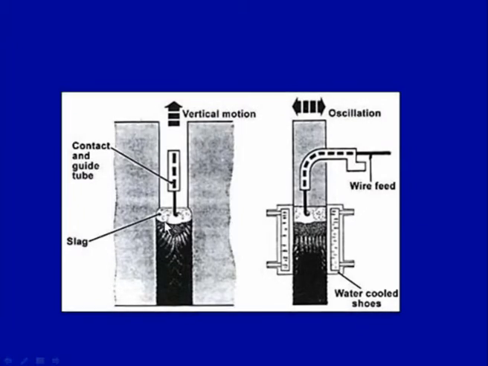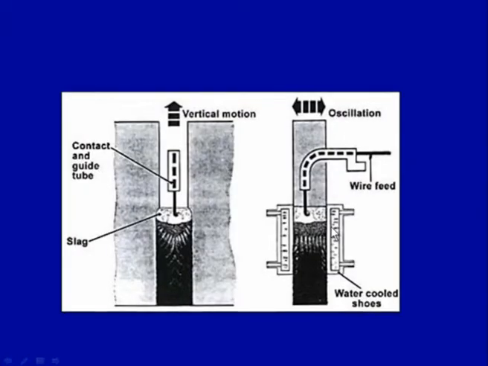At the top, we know that just like any other welding process, whatever impurities are present in the weld metal will be reacting with the flux and forming the slag. Slag, because of its low density, will be floating over the surface of the molten flux, so it will be present on the top of the molten flux layer.